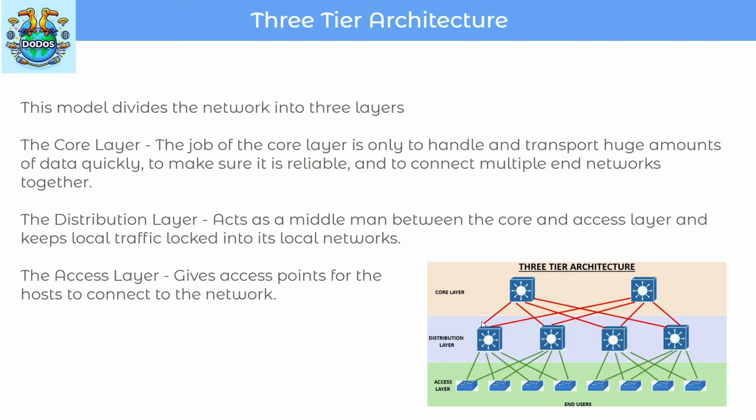The distribution layer is the middleman between the core and access layer, and it makes sure that local traffic is kept within its local networks. So if it's within a network, it's going to stay within that network. And the access layer gives access points for the hosts to connect to the network, those end devices. And that's the three-tier architecture for you.